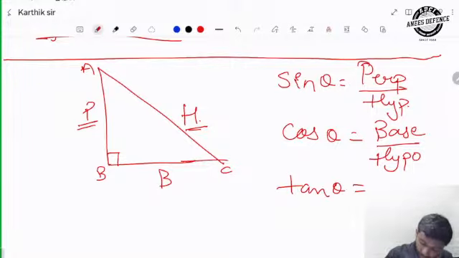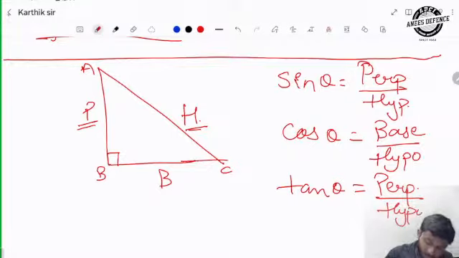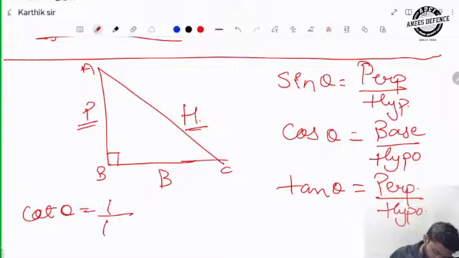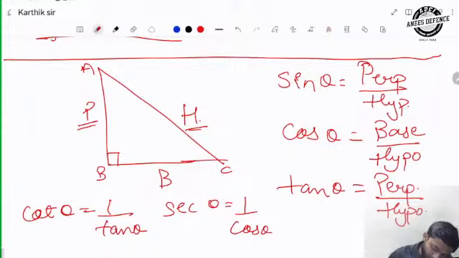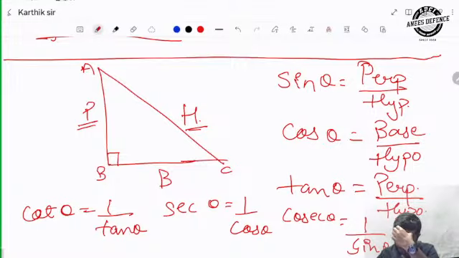Tan theta is perpendicular upon base. Cot theta is equal to 1 by tan theta. Sec theta is equal to 1 by cos theta, and cosec theta is 1 by sin theta.